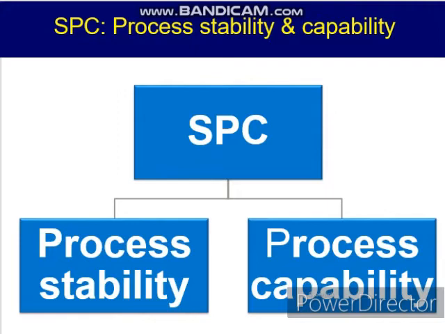One is to make a decision on whether the process is stable or not. That's the first part. And secondly, to make a decision on whether the process is capable or not. These two components of SPC are very important and come hand in hand. So we're going to look into both components of SPC in detail.